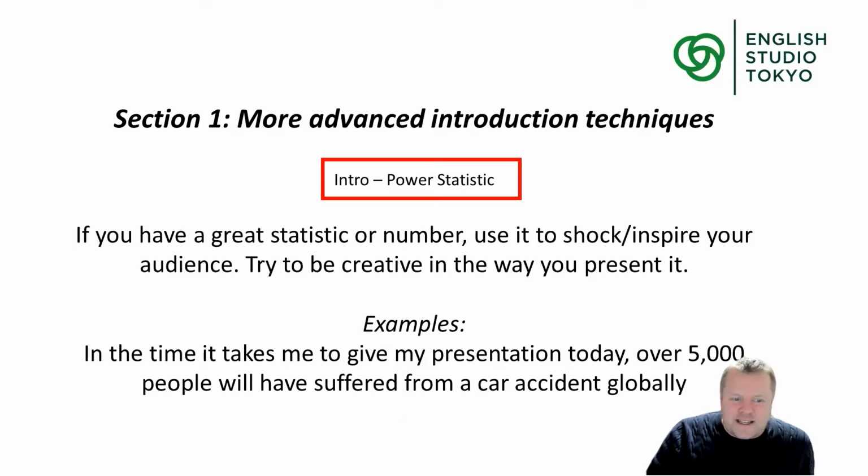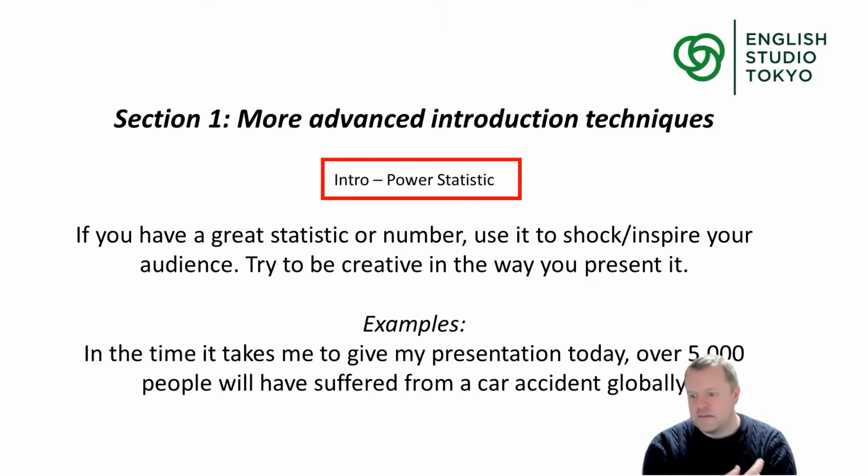Well, a power statistic is if you have a great number, a great statistic that you think will shock or motivate or inspire your audience, use it. The important thing is the number must have an emotional element. It must be really sad. It must be really shocking.